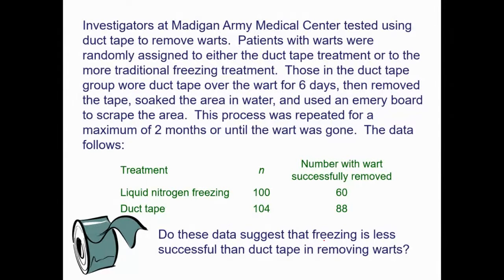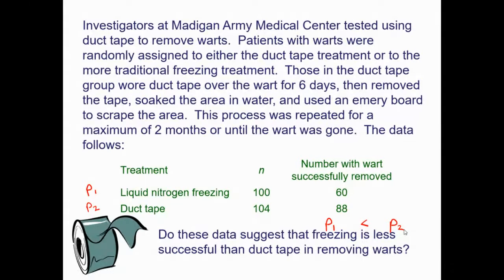So freezing, we're going to use as population 1, so P1. Duct tape, we're going to use as population 2. So this is saying, is freezing less than duct tape?